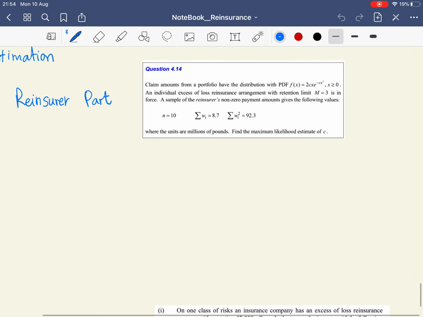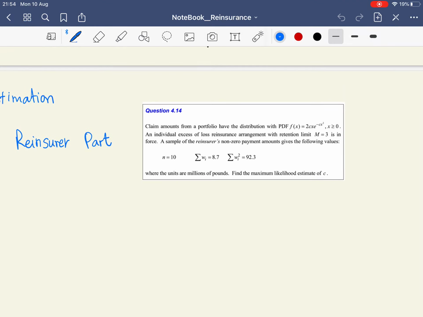So let's see. For the reinsurer, now we have this PDF of the original claim X, and if you recognize, this is a variable with parameter C and gamma equal to 2.